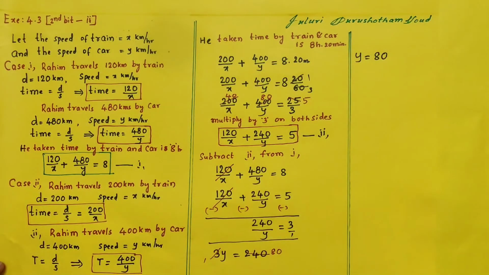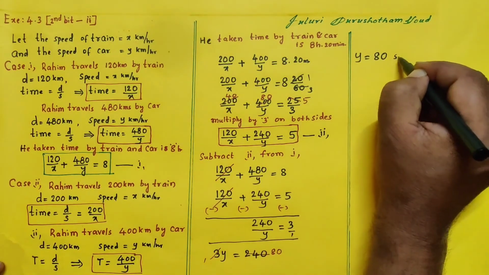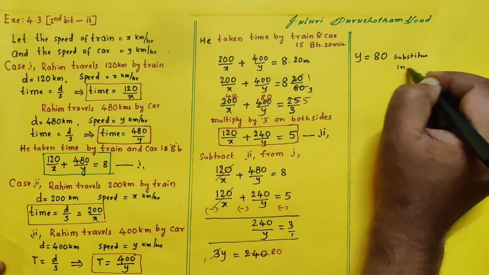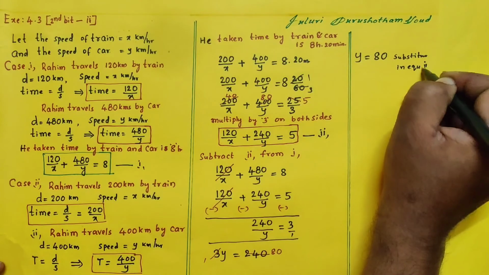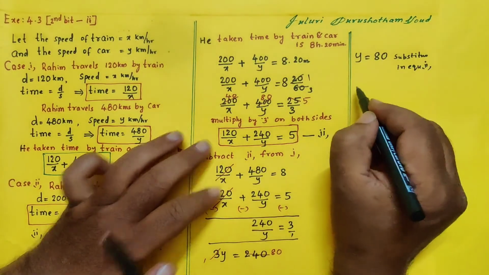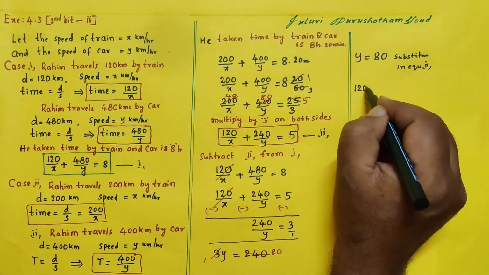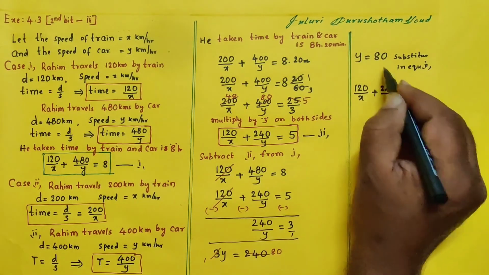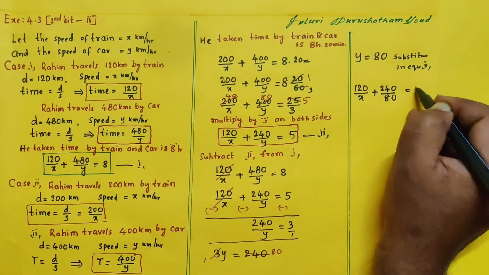If we get y is equal to 80, we have to find the x value. How to find x? Substitute y is equal to 80 in either the first equation or the second equation. If I substitute in the second equation, 120 by x plus 240 by 80 is equal to 5.